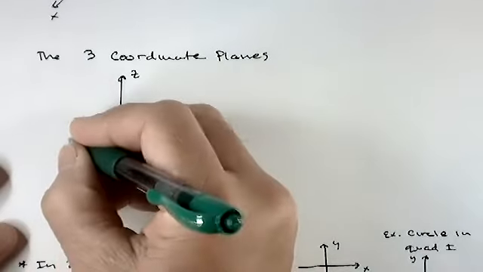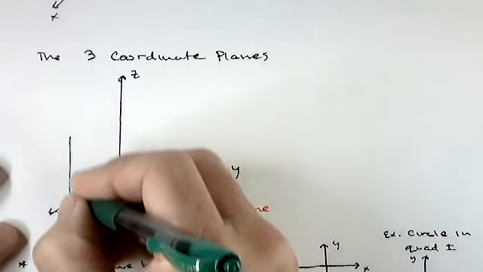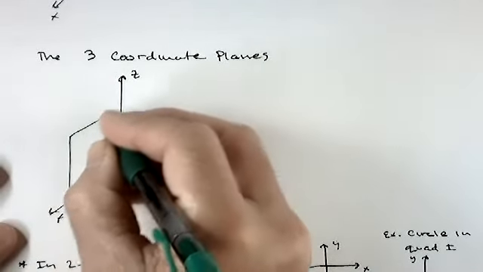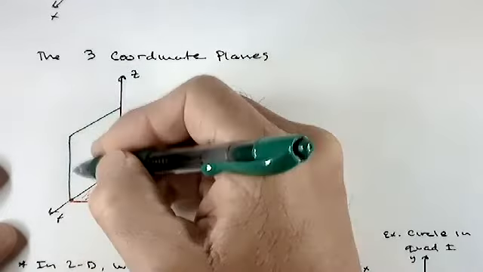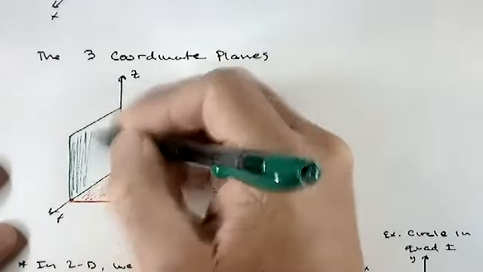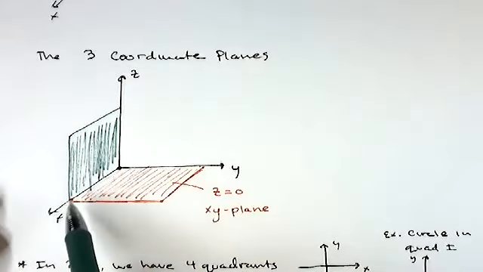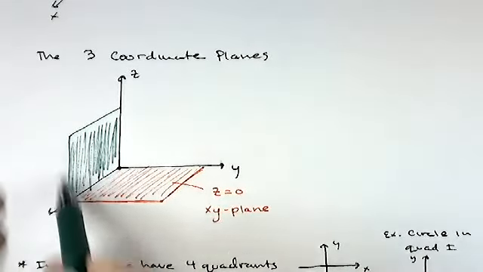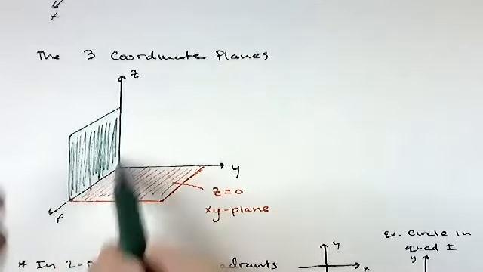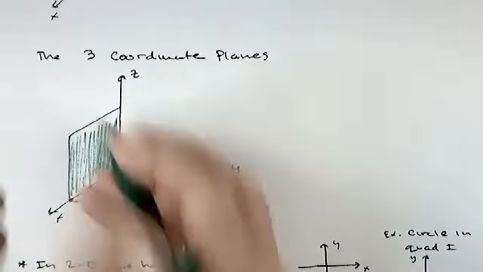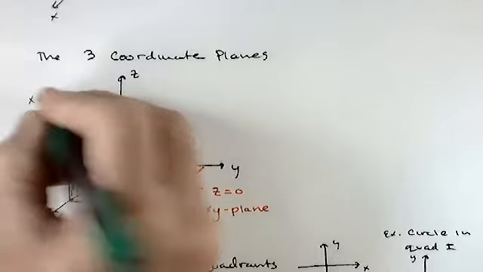So this vertical plane right here, I have two ways I could describe that. That is a plane that's made up of the X and Z axes. There's no Y movement, so I could refer to this as the XZ plane.